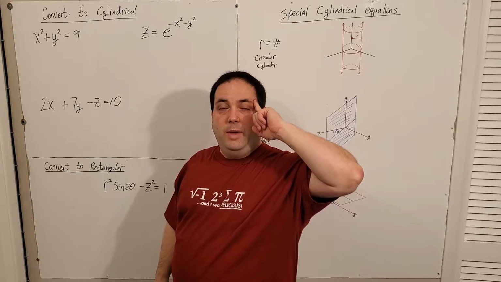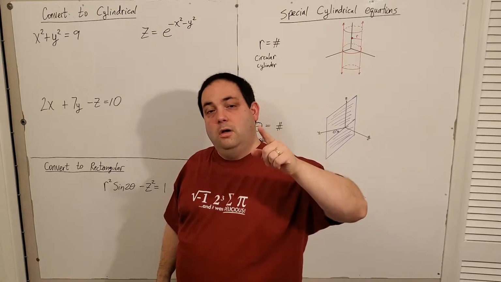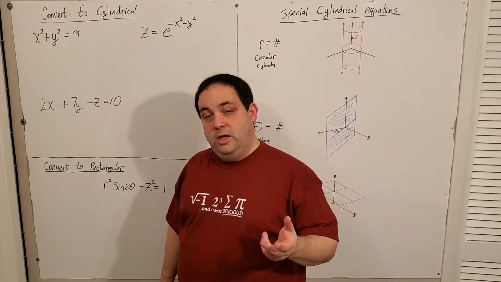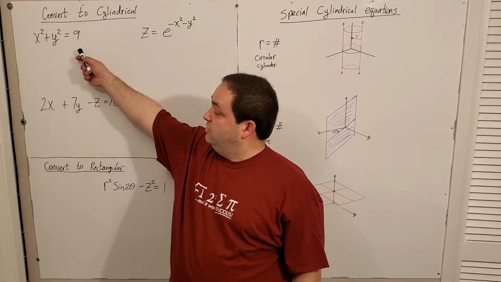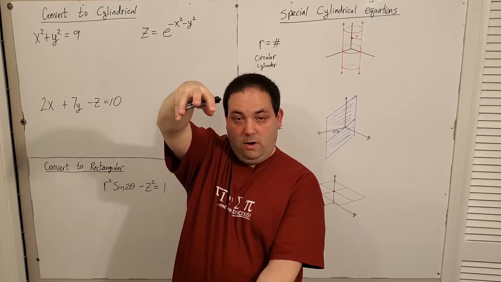Now think for a second back to the last section when we were talking about cylindrical surfaces, right? Something that's missing a letter is going to be one of those surfaces. There's no z here, so that means it's going to be a cylindrical surface, right?